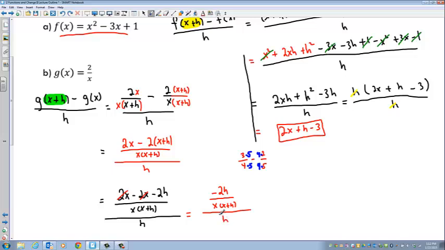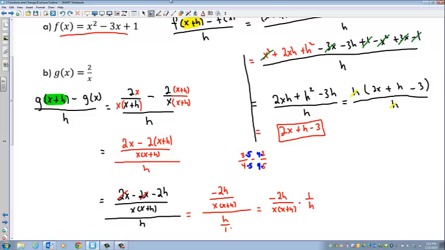So we're almost done. The next step is you have to realize that when you divide by h, it's really a fraction, h over 1. And when you divide by a fraction, you multiply by the reciprocal. So negative 2 times h, divided by x times x plus h, then times the reciprocal of h over 1, which is 1 over h.